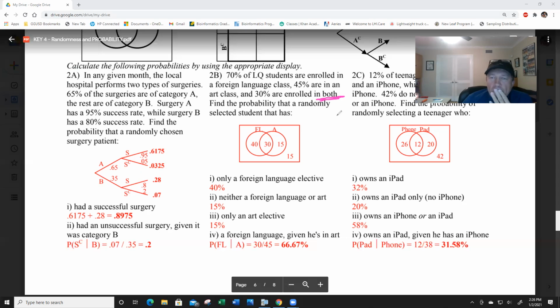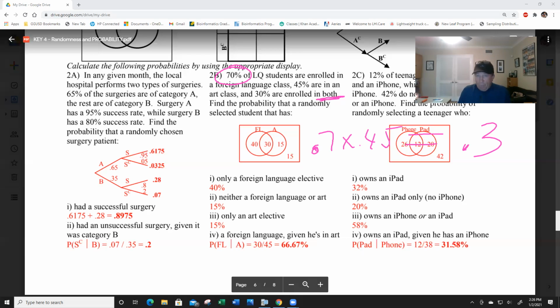And if you wanted to check if they were independent, you can real quick. It's really easy, okay? So if 70% of the kids are enrolled in a foreign language, 0.7, and 45% are in art, okay? And what you're going to ask yourself is, does that equal the both section?